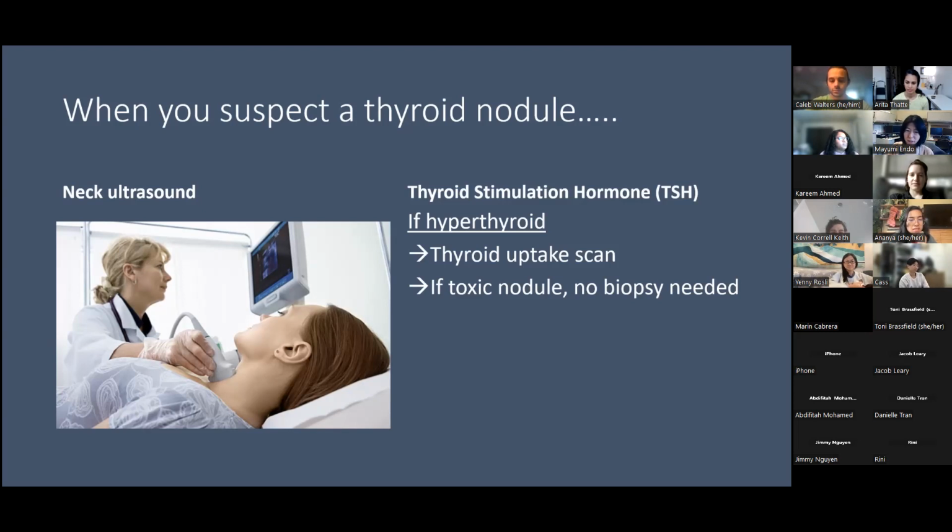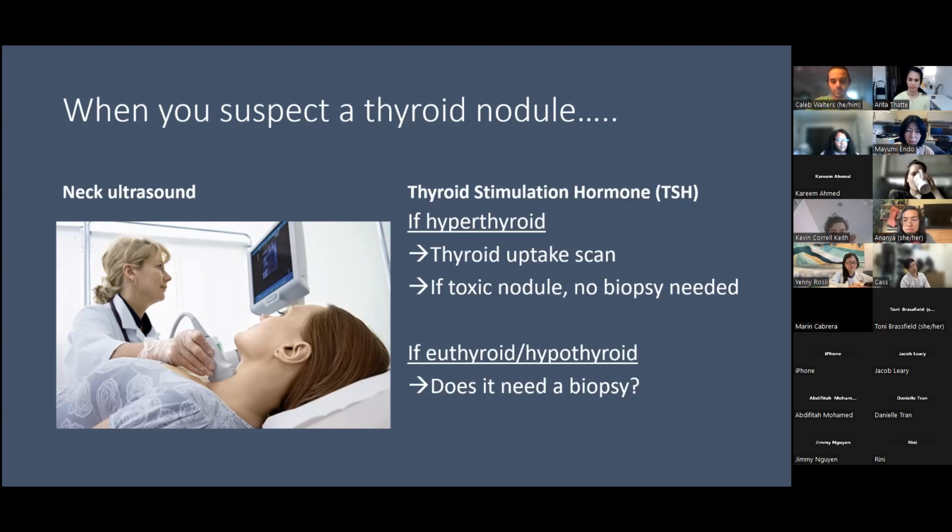No matter how suspicious it looks, it is benign. So you do not need a biopsy, so you can avoid an unnecessary biopsy, as patients typically appreciate. If a patient has a normal or low thyroid, then you go forward with the screening whether they need a biopsy or not.